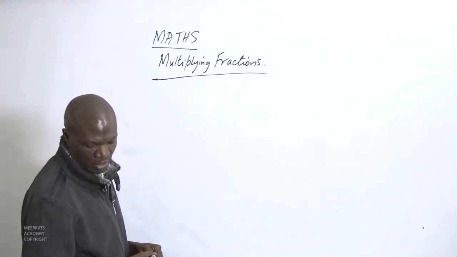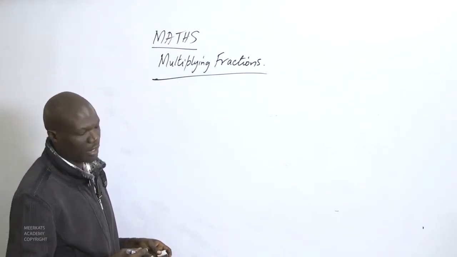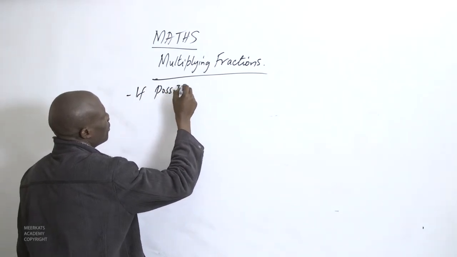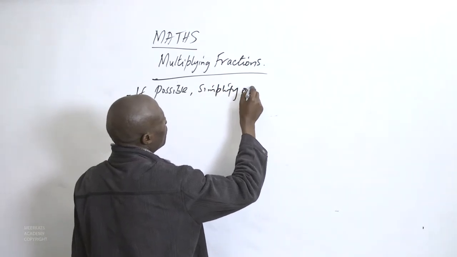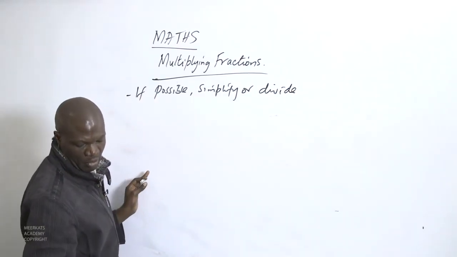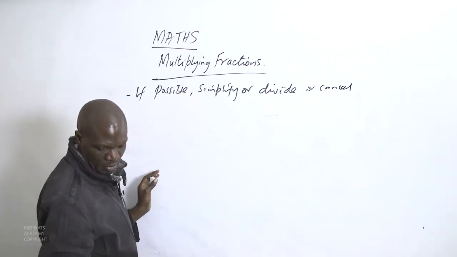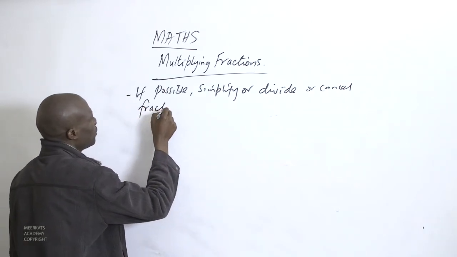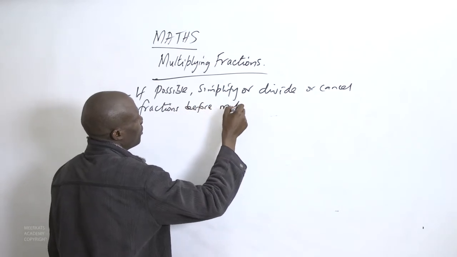Next fact to note is that, if possible, simplify or divide, or sometimes we say cancel, fractions before multiplying.